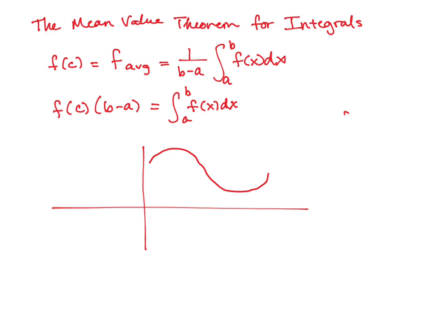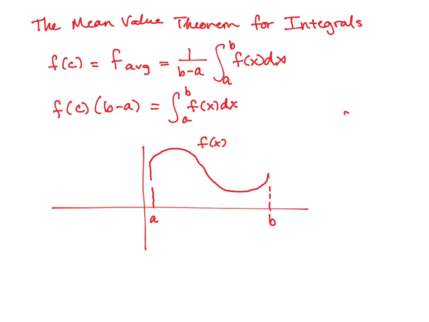Okay, so let this be y equals f of x, and let us look at this function on the interval from a to b. What this mean value theorem says is there's some point c somewhere in this interval where if I lopped off the top of the function, I could fill the hole and make a rectangle with the bottom of the function.